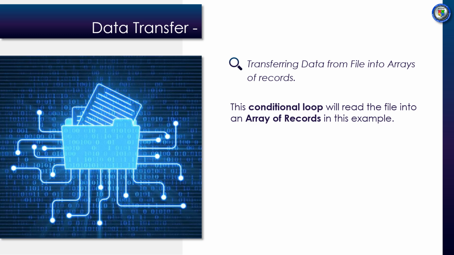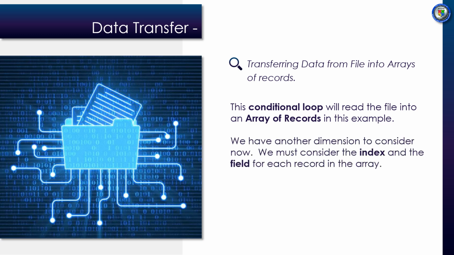Transferring data from a file into arrays of records is very similar. The conditional loop will read the file into an array of records. We have another dimension to consider now. We must consider the index and the field for each record in the array.